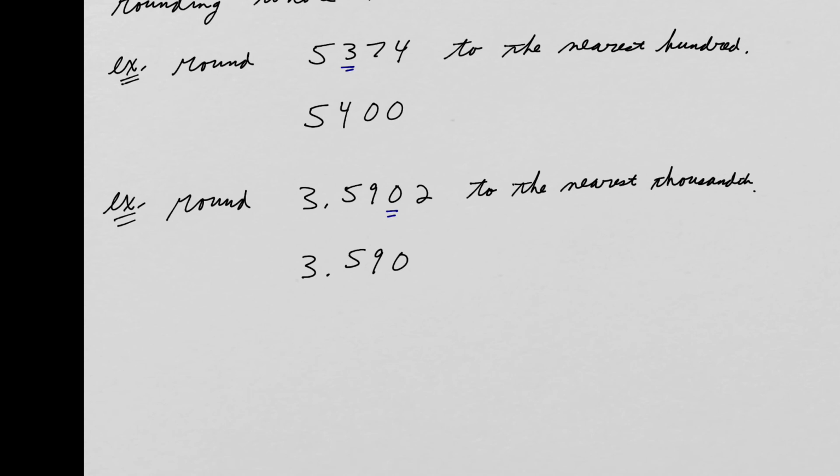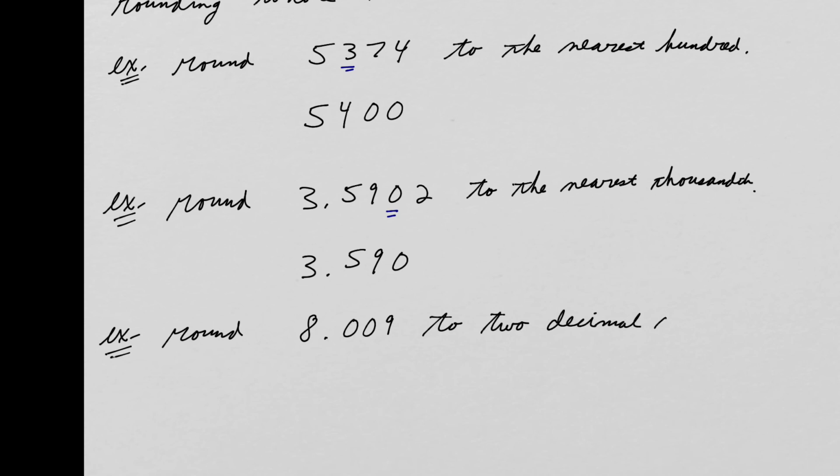Okay, another way you could ask this, let's say I want to round some number, let's say 8.009, to 2 decimal places. Well, what does that mean? It means I want to round to the nearest hundredth, right?